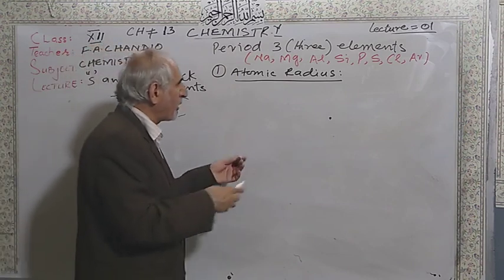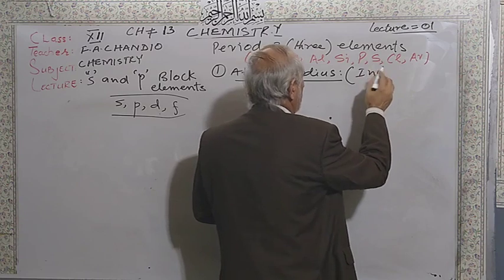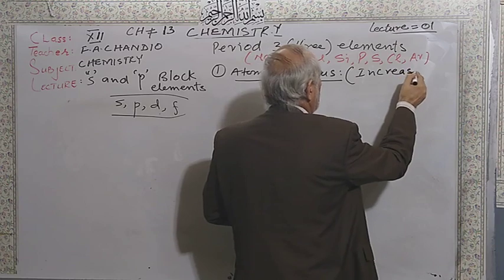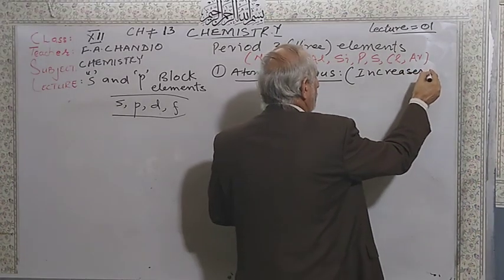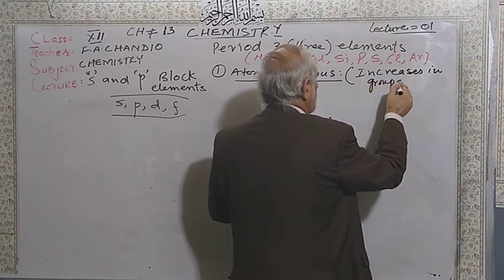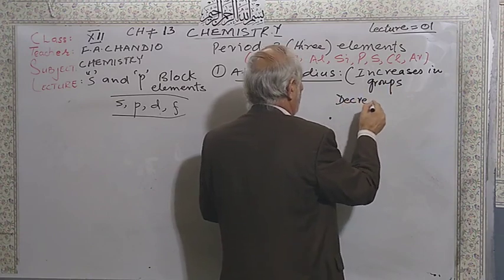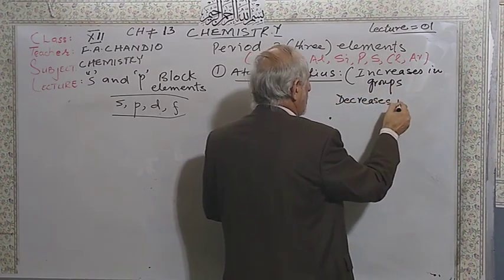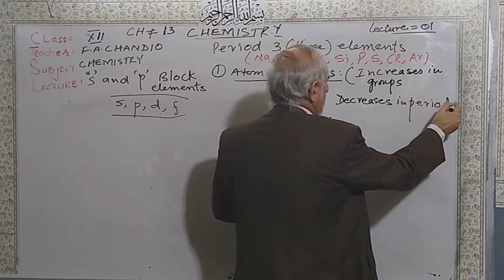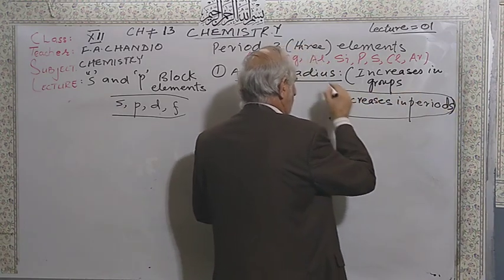So dear students, atomic radius generally increases in groups and decreases in periods, because we are talking about periods here.